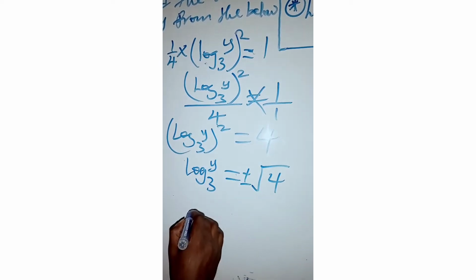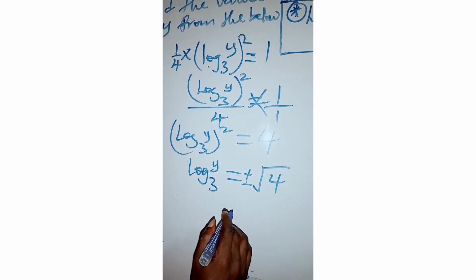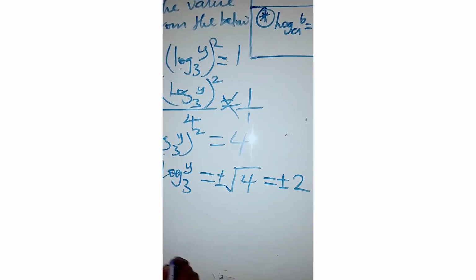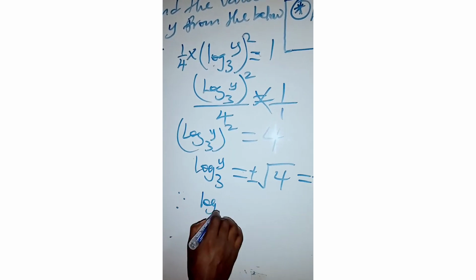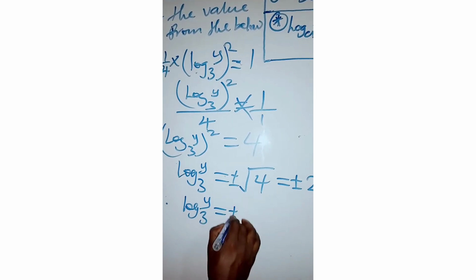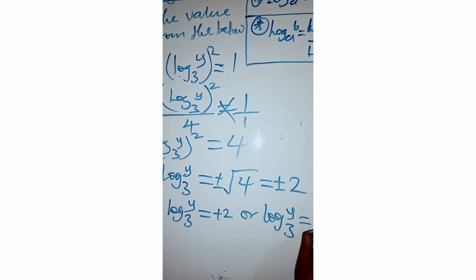Remember, this will become plus or minus 2. So at this point we split it: log y base 3 is equal to plus 2 or log y base 3 is equal to minus 2.